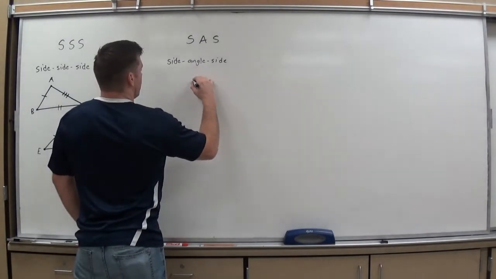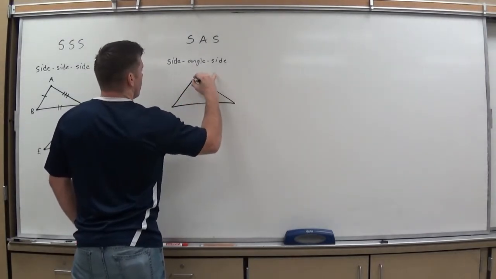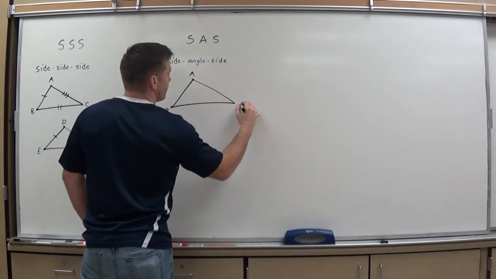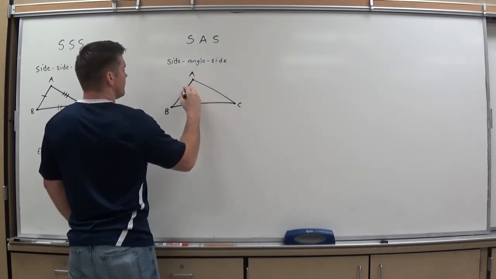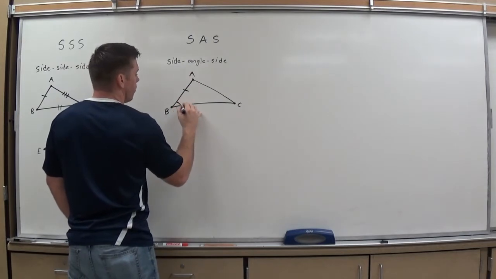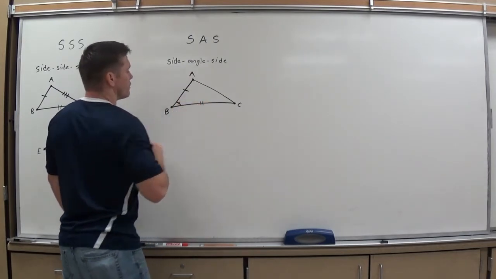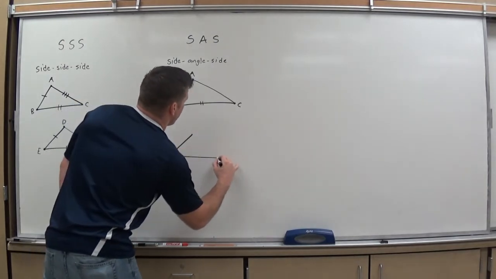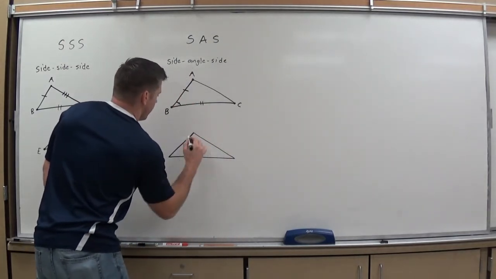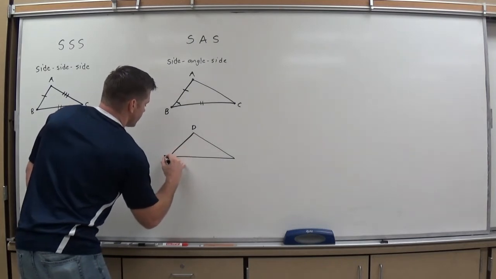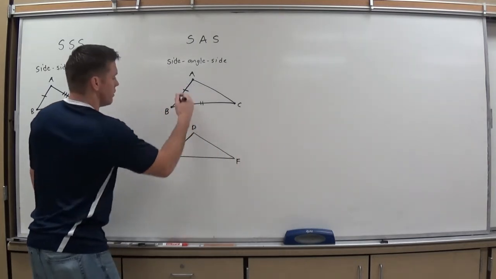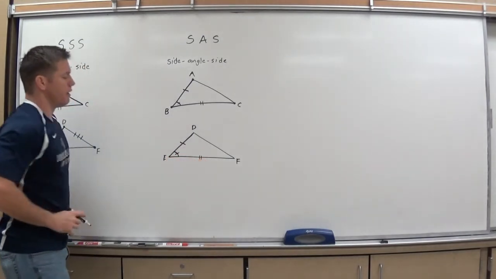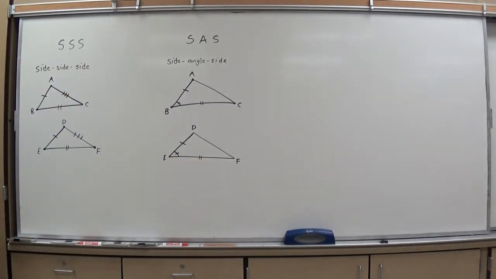So in that one, the things you'd be given, I'll just do ABC again to show you, would be a side, an angle, and another side. And so if I tried to recreate that triangle anywhere using the same exact measures for the first side, angle, and side, the triangles would have to be the same. They'd have to be congruent.